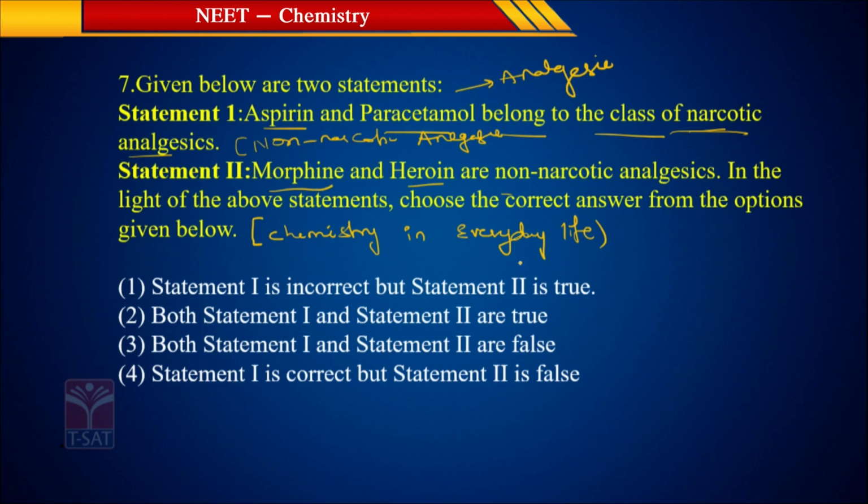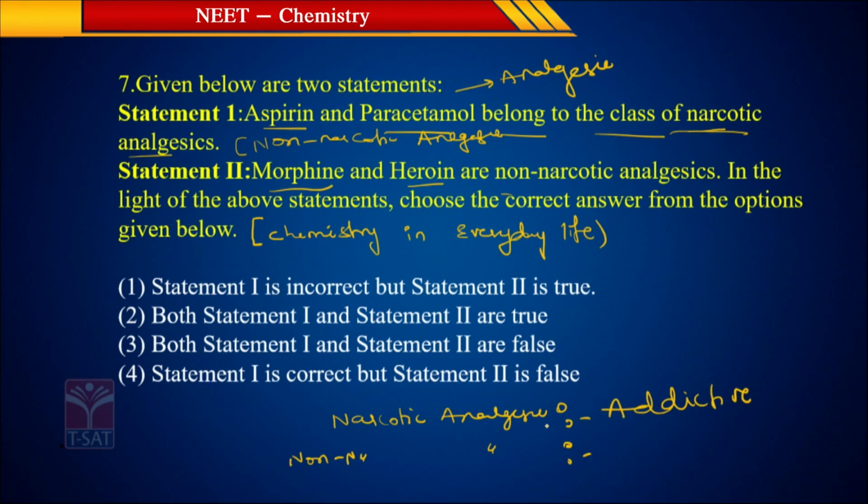Both reduce pain, but narcotic analgesics are addictive, you can get addicted to them, while non-narcotic analgesics are non-addictive. So they have given wrong statements. The first is non-narcotic and the second, morphine and heroin, are narcotic. Both statements 1 and 2 are false; they have given them vice versa.